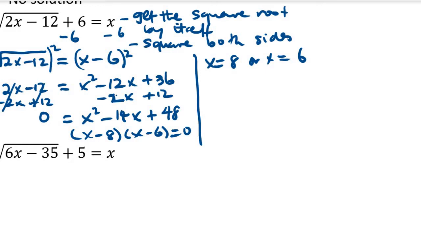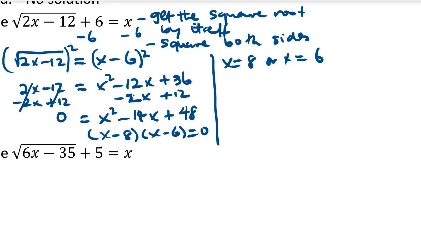Here we go. So we're going to test if this is valid or not valid. Let's test for the 8 first. Square root of 2 times 8 minus 12. I'll just plug in 8 for x, okay? Plus 6 equals 8. You see how x is 8, right?